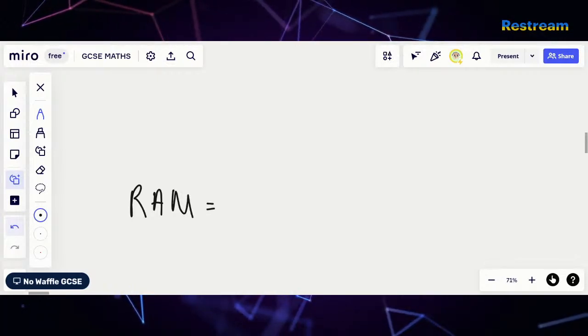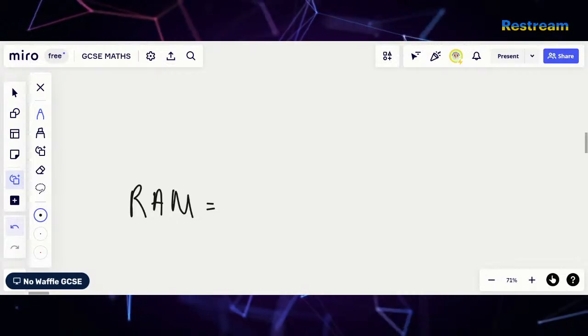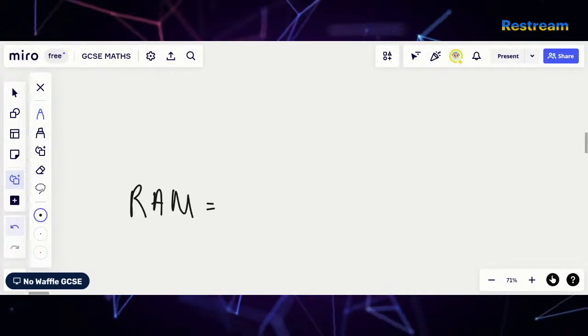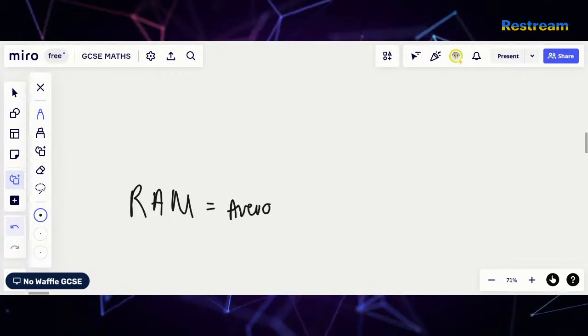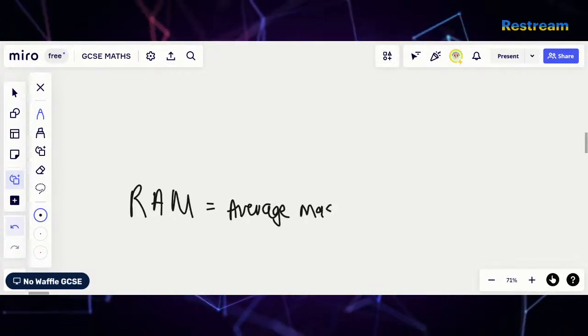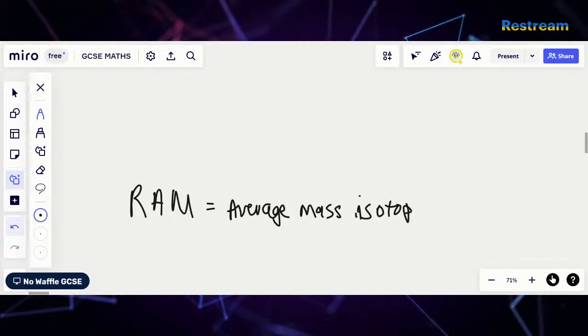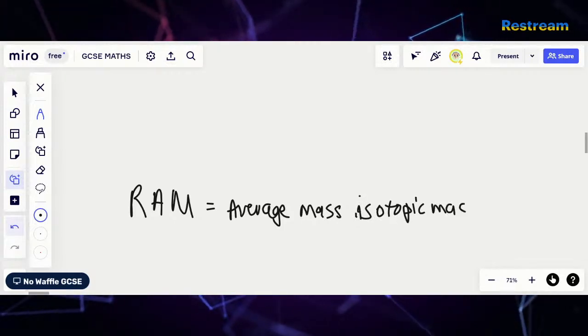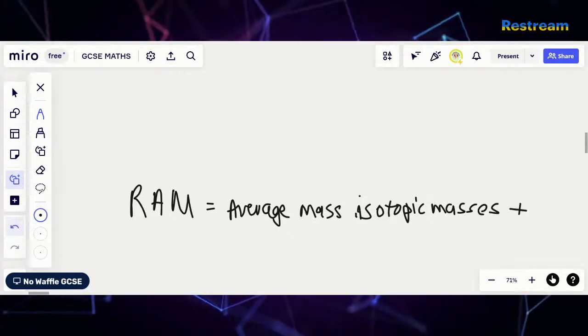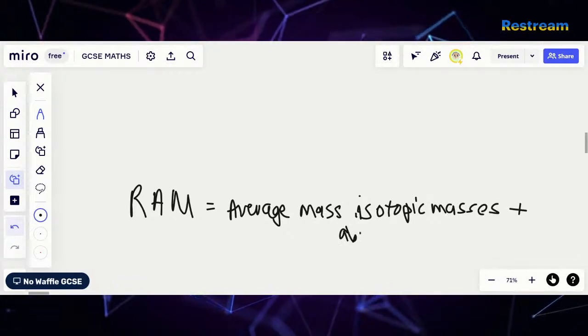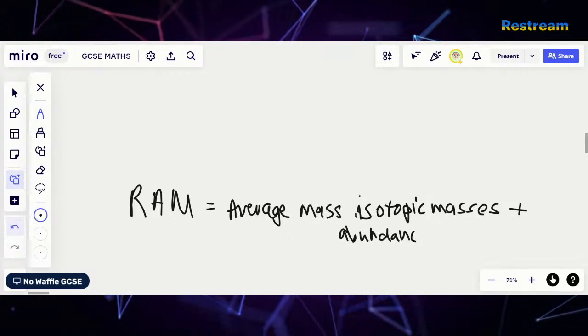Remember, we did this in yesterday's chemistry session. So relative atomic mass is the average mass when taking into account the different isotopic masses, as well as the abundances of each isotope.